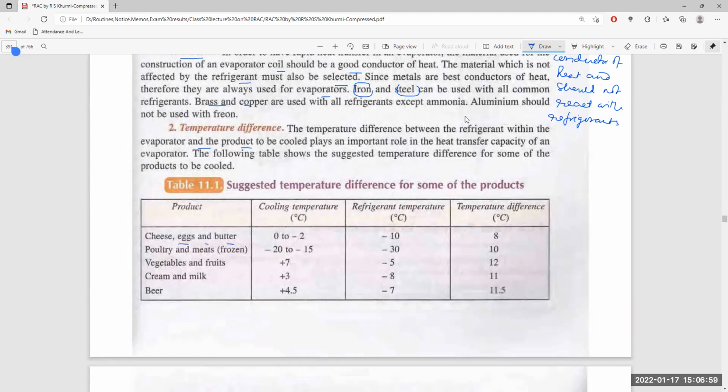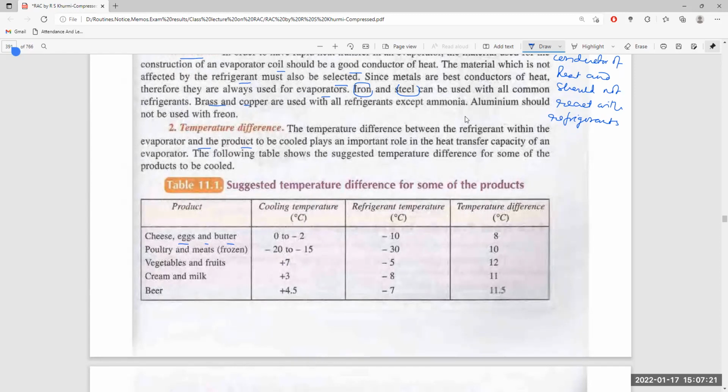For meats and poultry, frozen meats should be at -20 to -15, and the refrigerant should be lower, around -30, a difference of at least 10. Vegetables and fruits should be at +7, and the difference is 12 with refrigerant at -5 degrees centigrade.